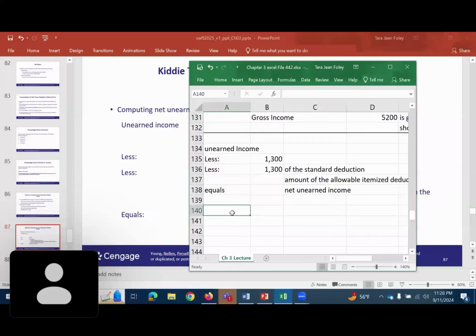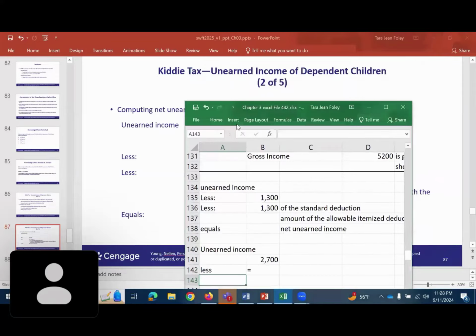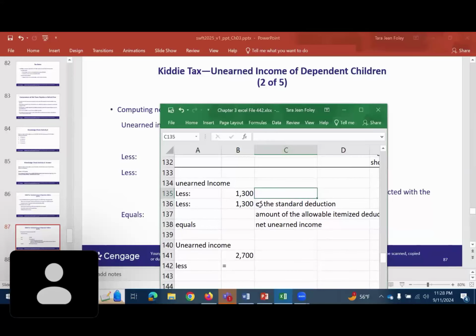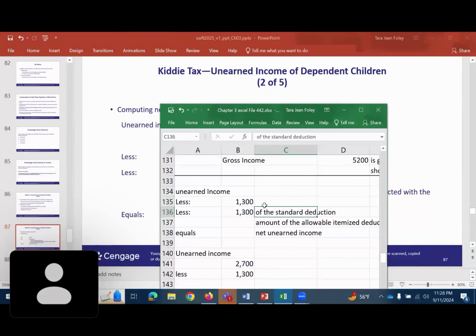Okay, so let's say my unearned income is $2,700, less $1,300, the greater of $1,300 of the standard deduction or the amount of allowable itemized deductions, right? This is the greater of.